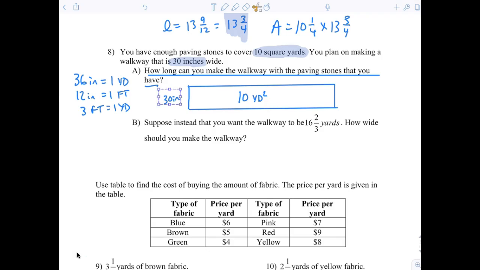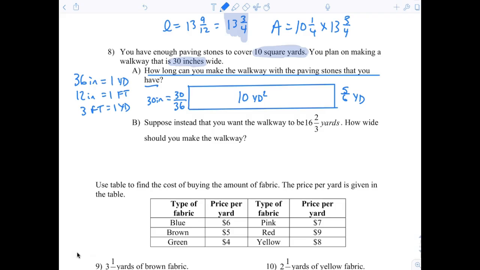So we have 30 inches out of 36, because every yard has 36 inches, right? So I want you to put that down. And then it's 5/6, because you can type 30/36 in your calculator, hit enter, and it'll reduce it down for you. So this is 5/6 of a what? Of a yard.